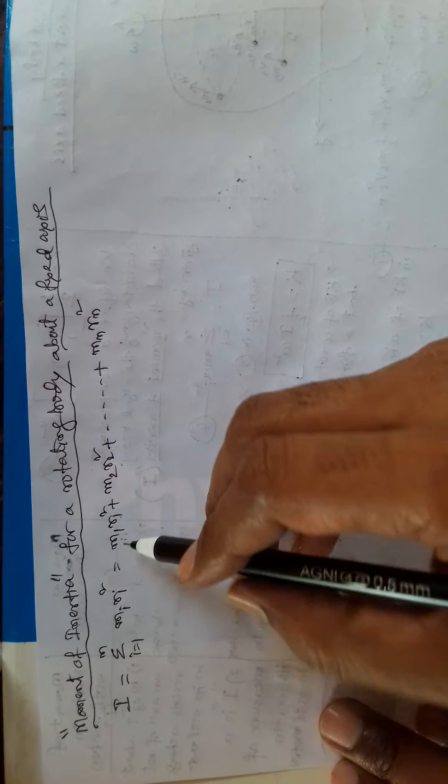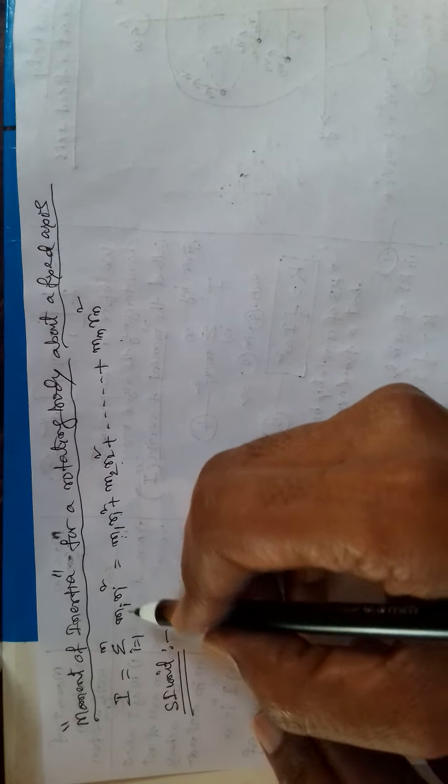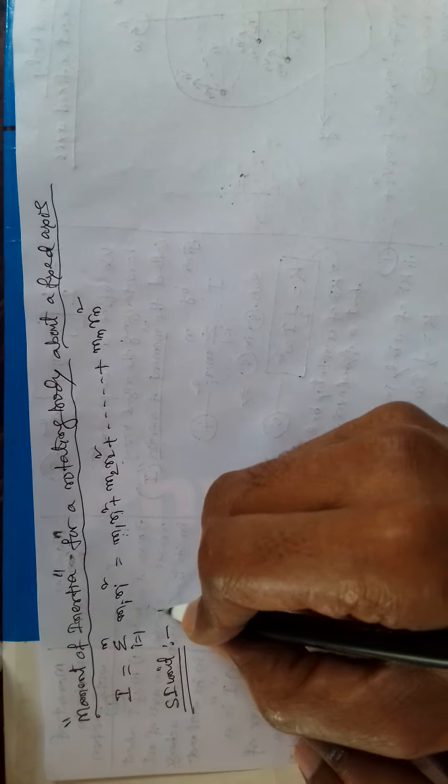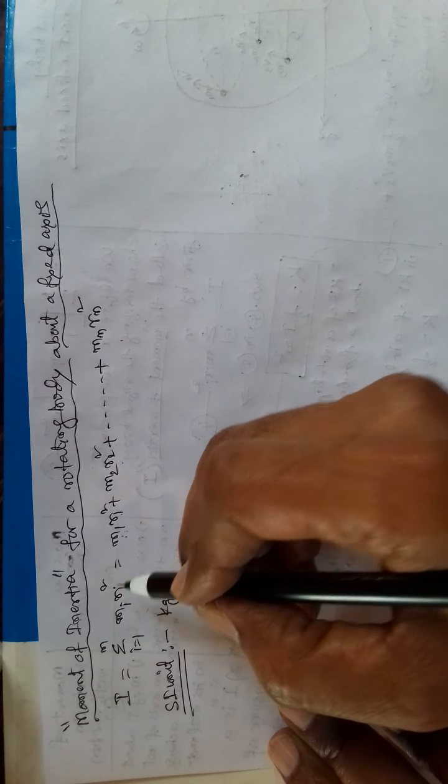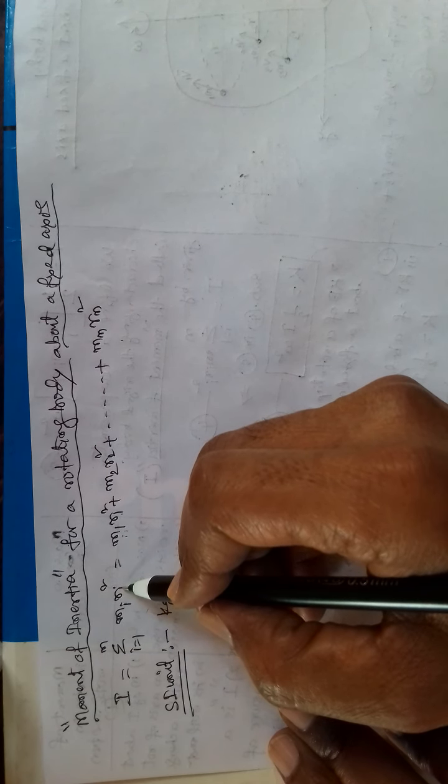Now let us consider its SI unit. What is its SI unit? See here, first is mass. Mass is measured in kg, and here perpendicular distance square. Distance means meter, so meter square.